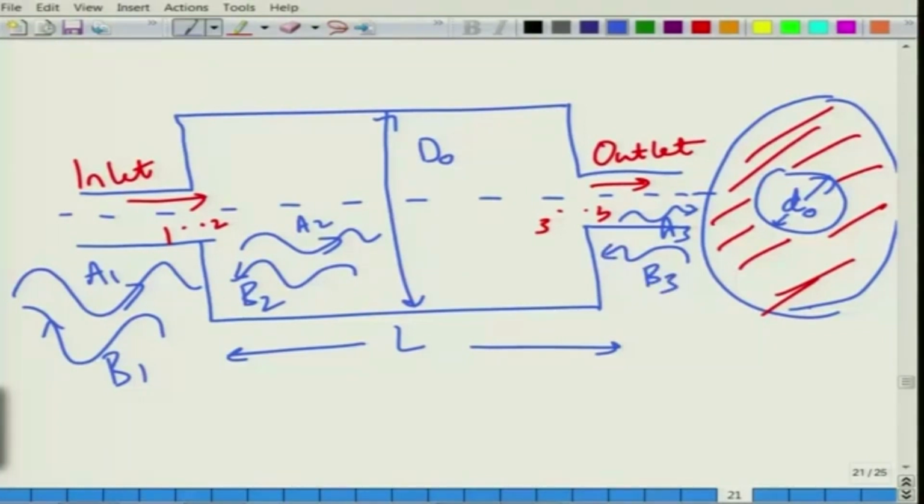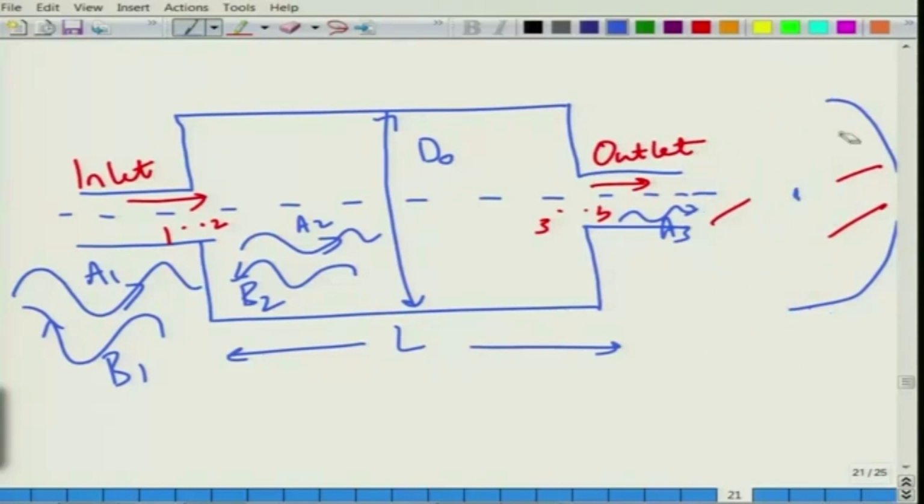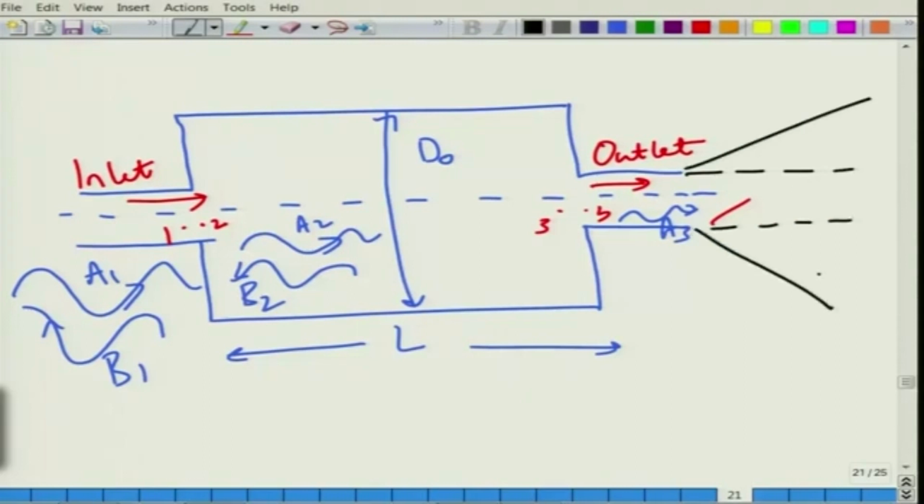Of course, if you have an anechoic termination, this will not be the case. So, let us assume that this is discharging into an anechoic termination. So, I will rub this and put an anechoic termination as we discussed. So, things like this. Anechoic termination.